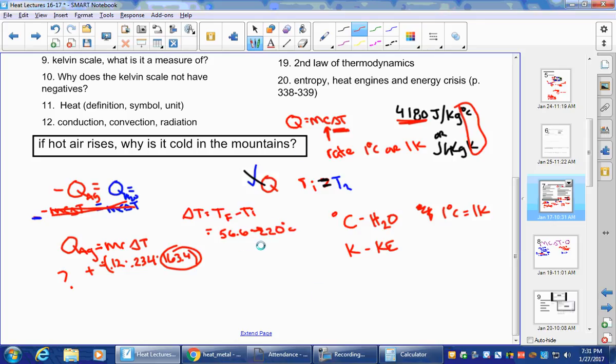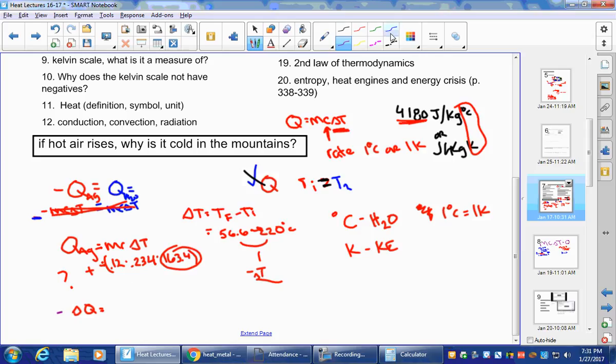So if I do that, what's going to happen? This value is going to end up getting a negative change in T, right? So if I have a negative change in T, what's going to happen in the second to last row in that first box? The change in heat energy, change in Q, should be what? Negative or positive? It's going to be negative because I had a negative change in temperature.